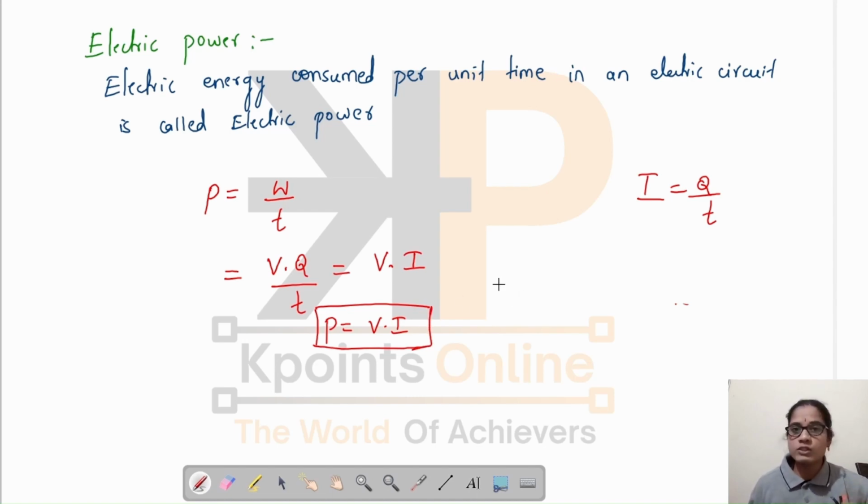Again from Ohm's law we have V is equal to IR. Substituting this value here we get one more formula for power.